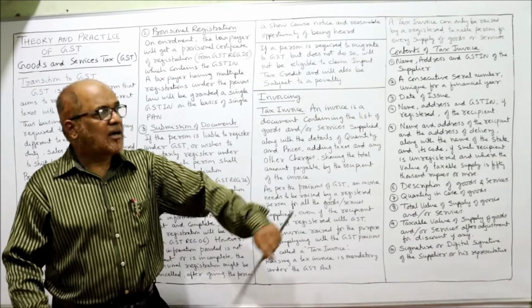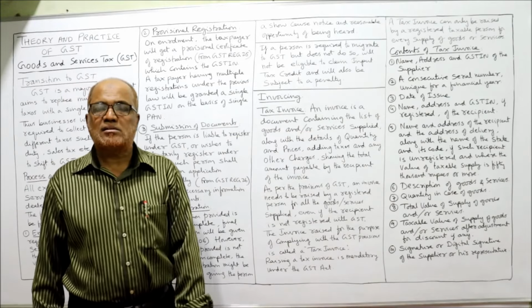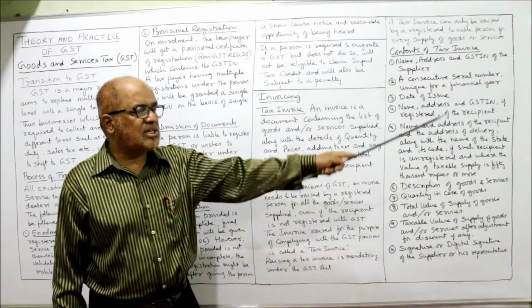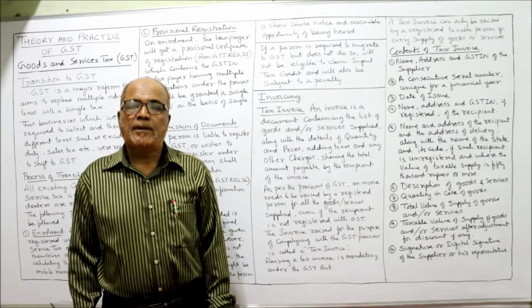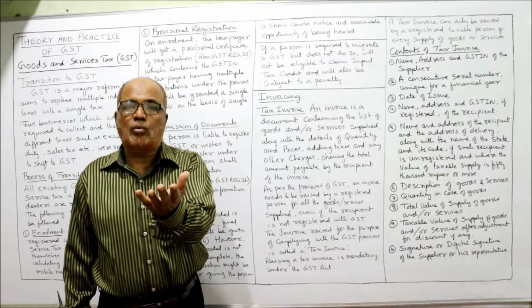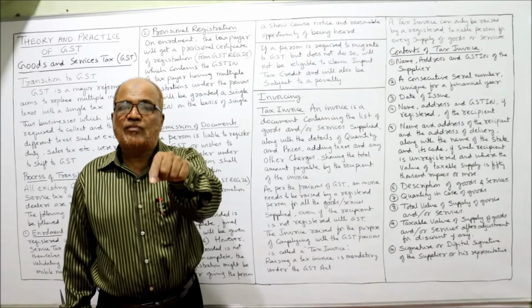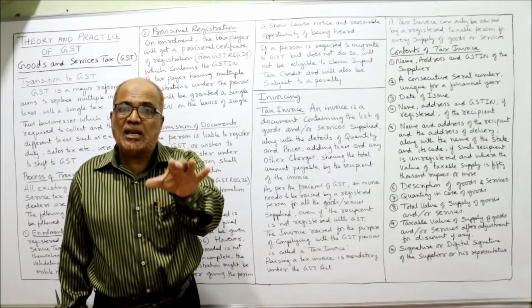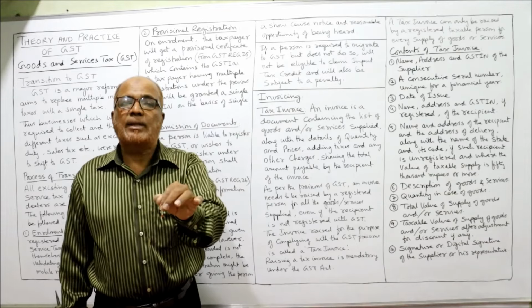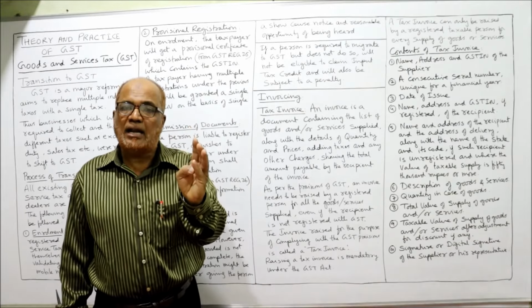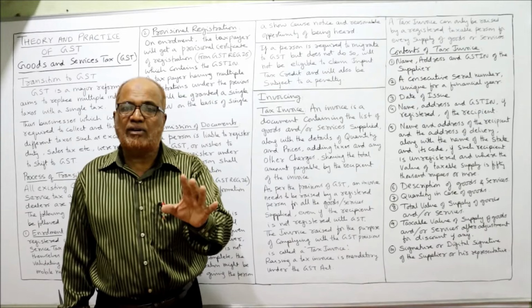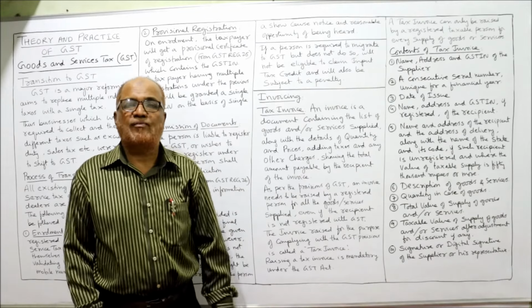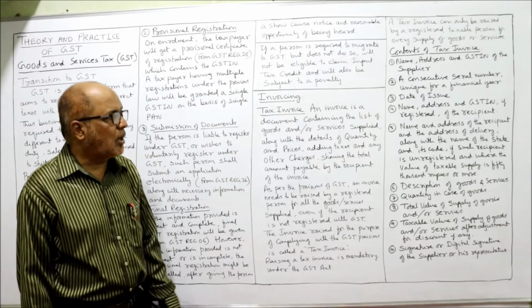If registered, compulsorily the name, address and GSTIN should be given. If unregistered, then we have to see how much is the value of the goods. If the value of the goods is 50,000 or more for an unregistered person, then compulsorily the name, address, state and place of delivery should be specified in the invoice.